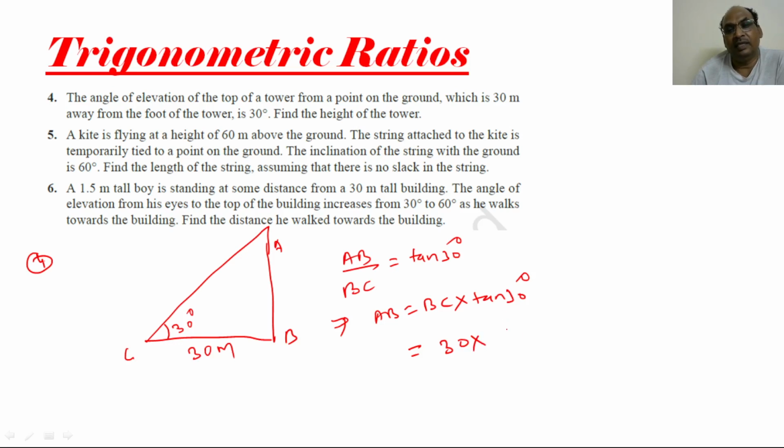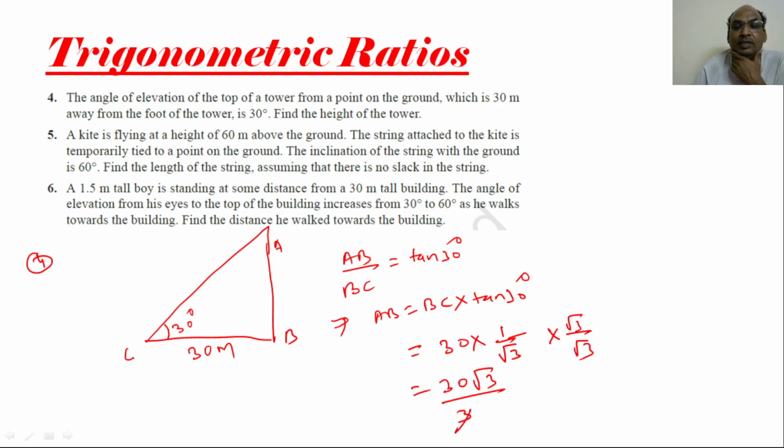So tan 30 is 1 by root 3. Okay, so this one will become 30 root 3 by 3. Why? Because you multiplied it by root 3 by root 3. So this has become 10. So 10 root 3 meter.